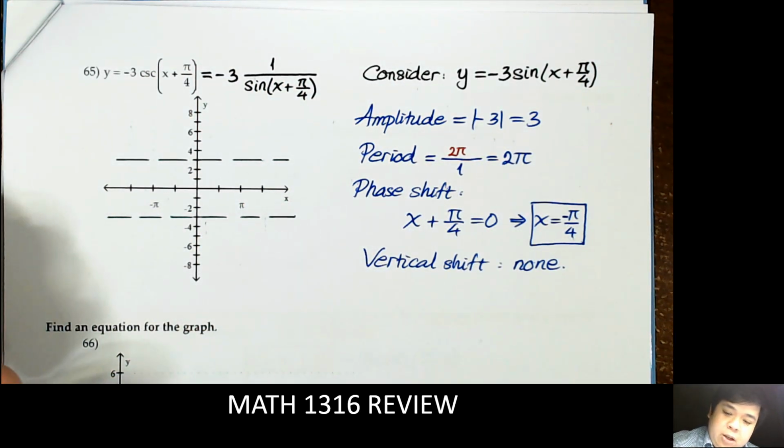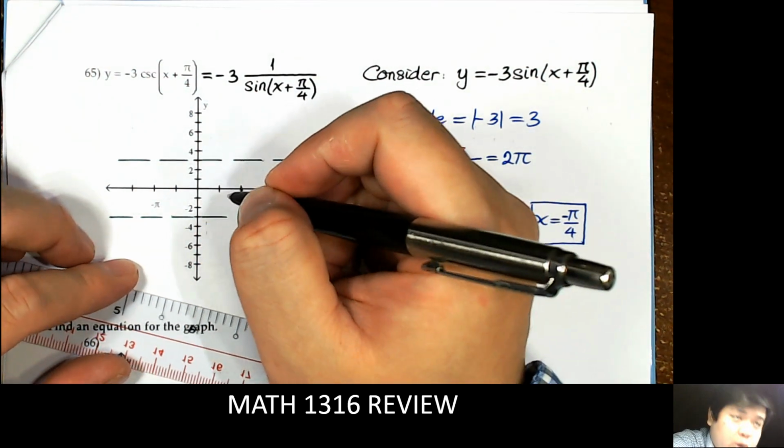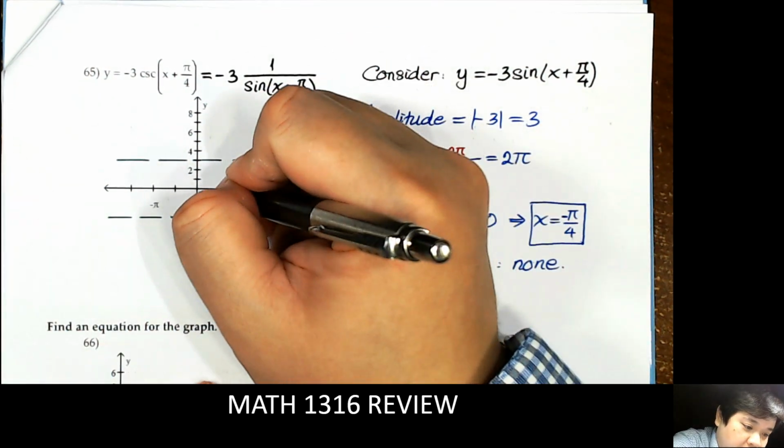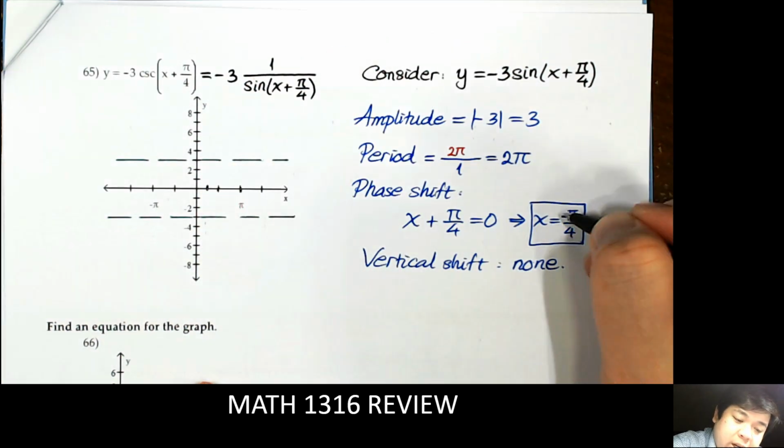The period is 2 pi, starting from negative pi over 4. So if this is pi, half of that is pi over 2, half of that is pi over 4, and it's negative.